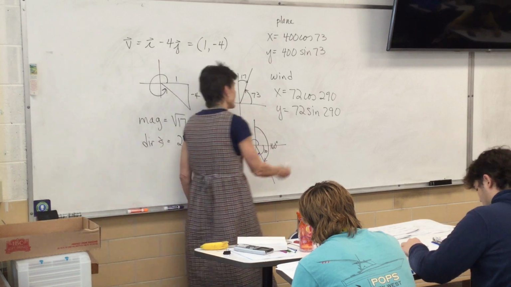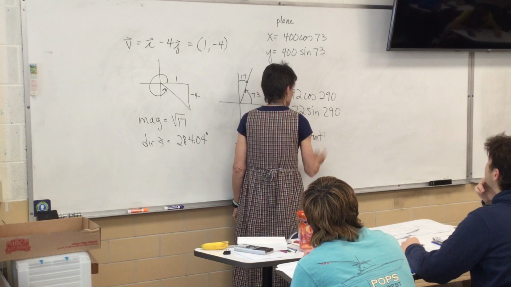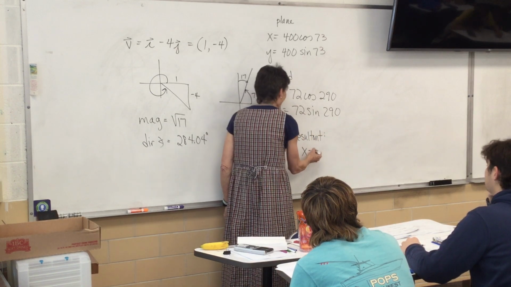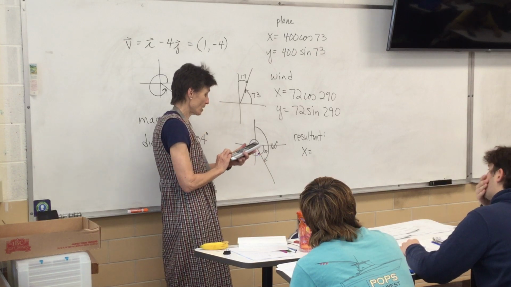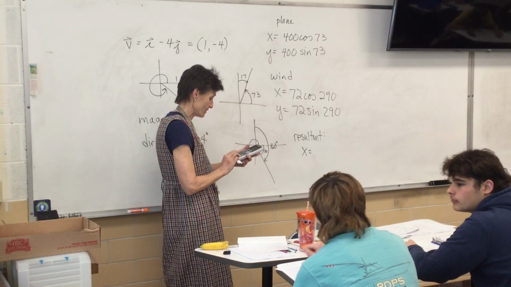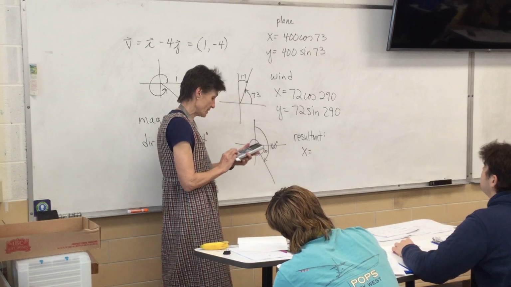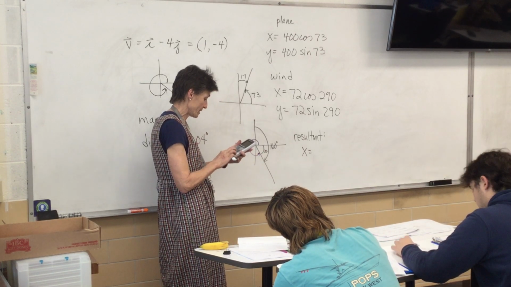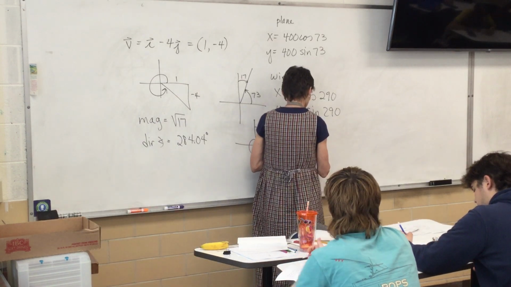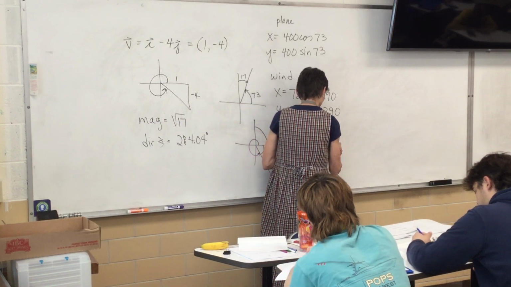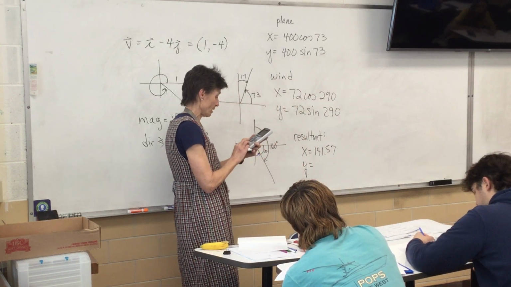Okay, now the resultant. The resultant is the sum of these two. So I'm just going to add my x's together. So 400 cosine 73, close parentheses, plus 72 cosine 290. I got 141.57 for x, tell me if you get that.